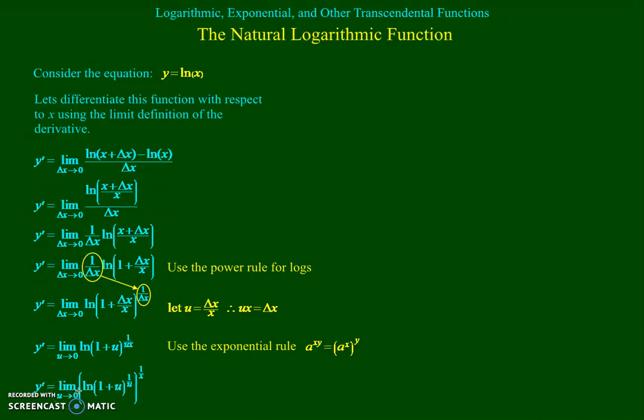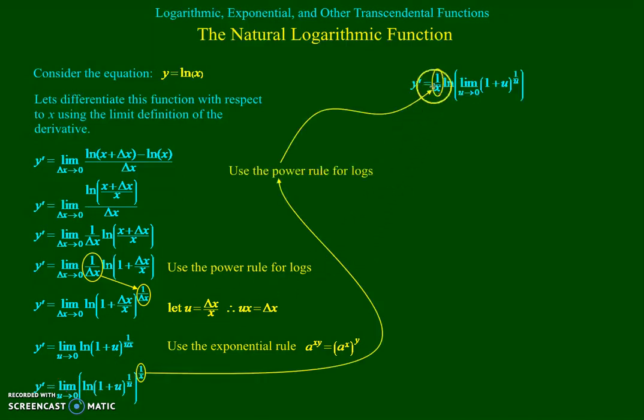So let's see what that looks like. Here we have the exponent applied using the power rule for logs up front. So that exponent is no longer an exponent, it's now up front, the natural log. But also notice what happened here.